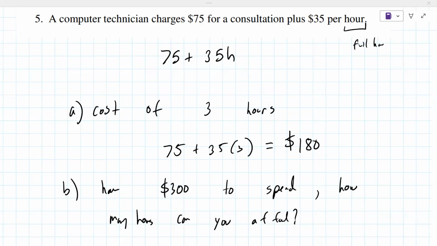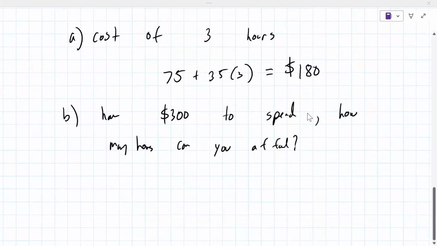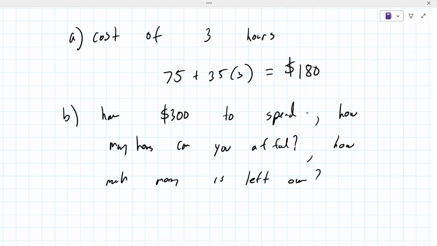You can afford 6 hours. The related question is how much money is left over? So put 6 back in. And then you'd have $15 left over.